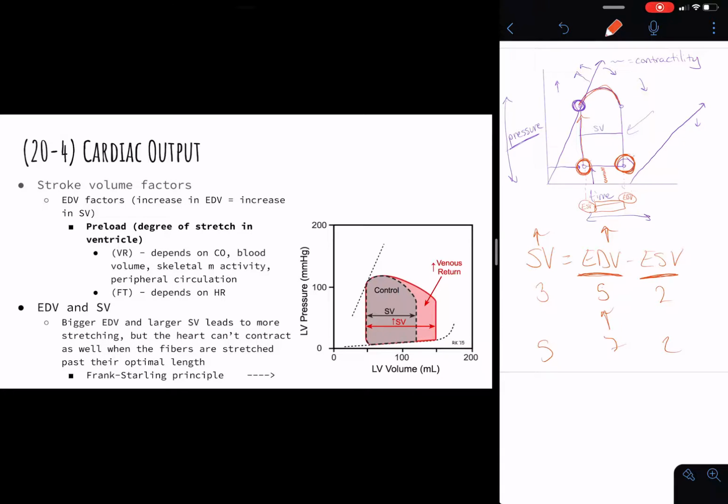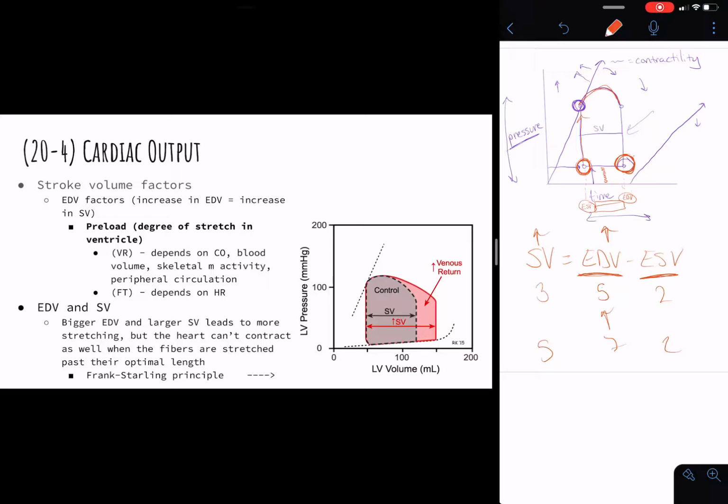So what does that kind of look like in a graph? We can see that on the right-hand side with our pressure-volume relationship curve. Remember, stroke volume is the width of the curve, so from EDV on the right to ESV on the left, and we can actually measure the area of the curve to figure out how much of that blood is actually in existence.